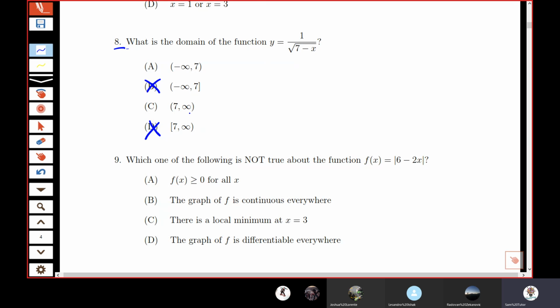Now, if you did infinity, that means you're saying 8 or 9 or 10 works. Can 8 work?